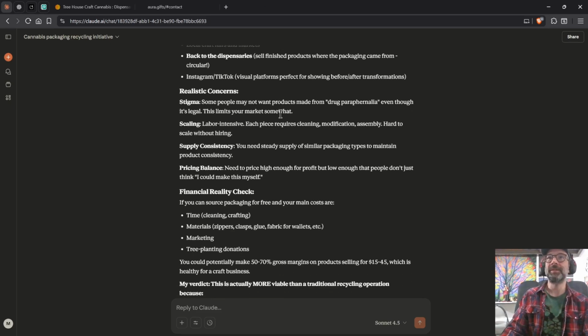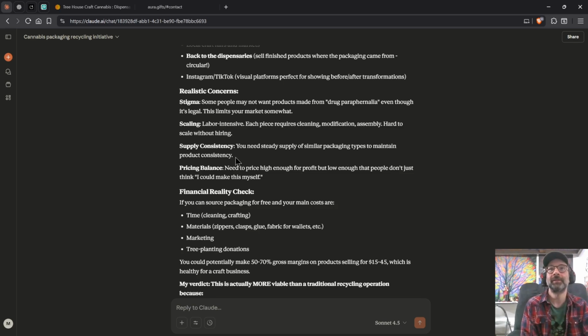Realistic concerns, stigma. They're going to have absolutely no idea that it's even related to cannabis by the time we're done with it, so that's not a problem. Scaling, labor intensive, yes, that's why I said as soon as it becomes profitable enough and unsustainable as a one-person operation, then you hire some part-time help or get some friends and family to give you a hand until you can afford to hire somebody. Very easy to solve that. Supply consistency. You need a steady supply.